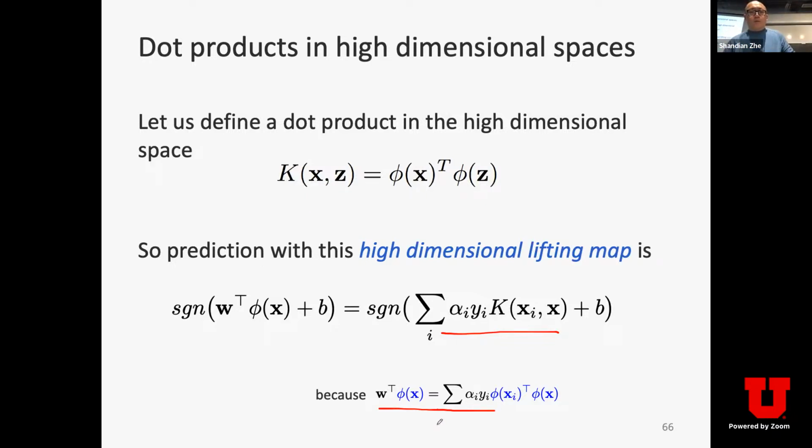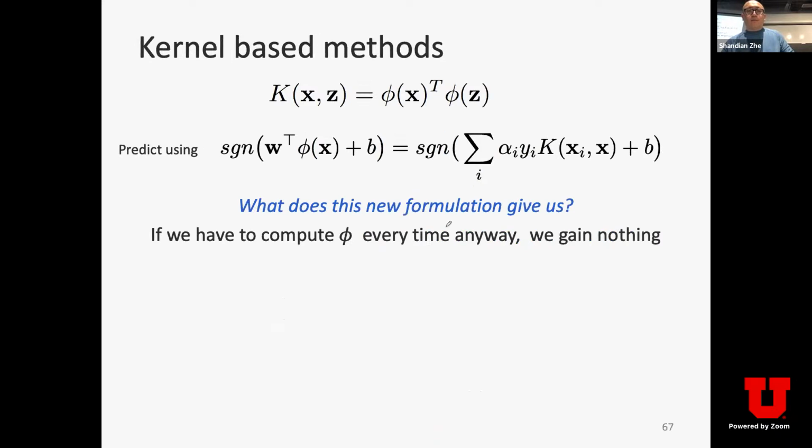So why would I like to give this form? If we just want to give a notation sugar, it actually does not bring any benefit, because computing K is equivalent to first doing the feature mapping and then doing a dot product.